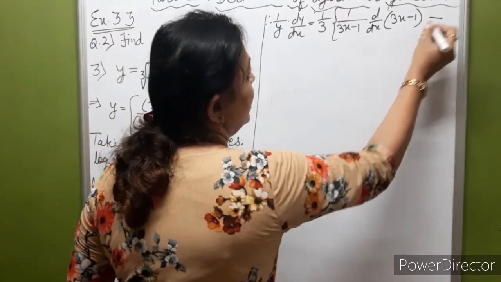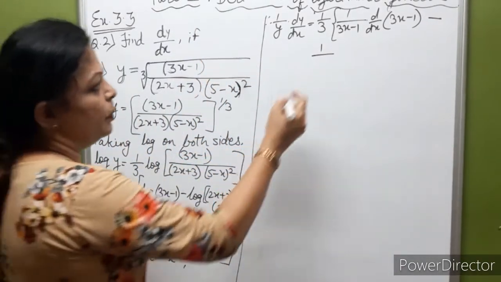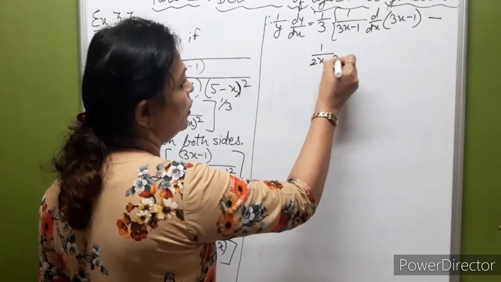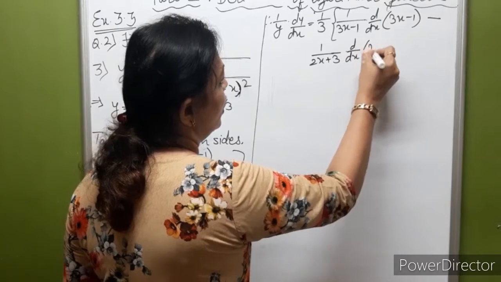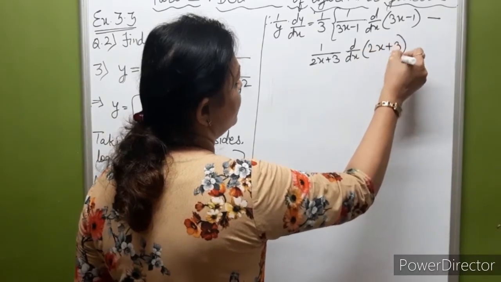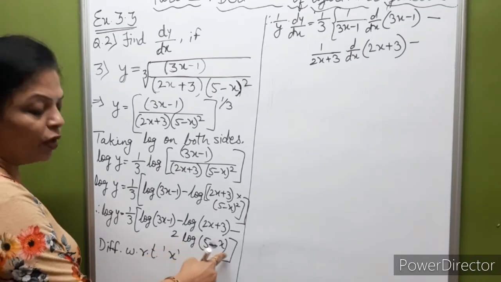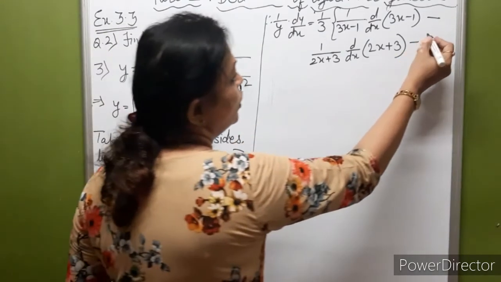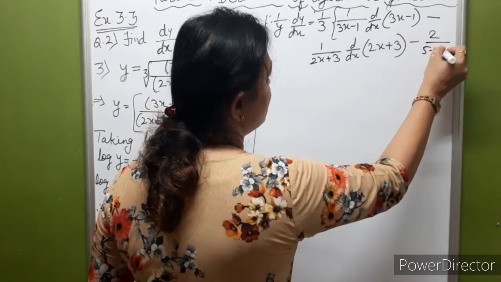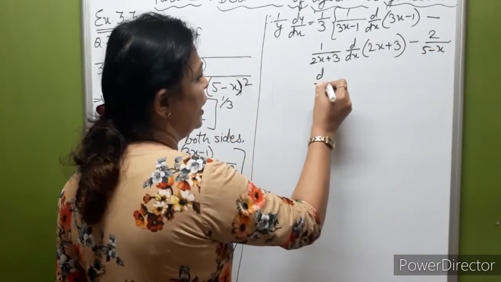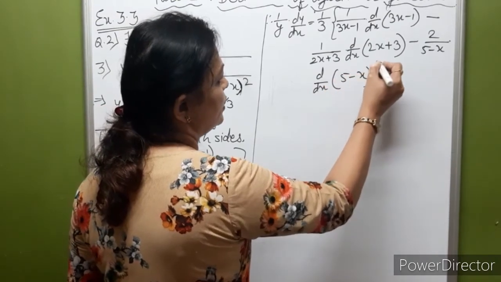So this is minus 1 upon 2x plus 3 into d dx of 2x plus 3, minus 2 into log of 5 minus x. So 2 upon 5 minus x into d dx of 5 minus x.